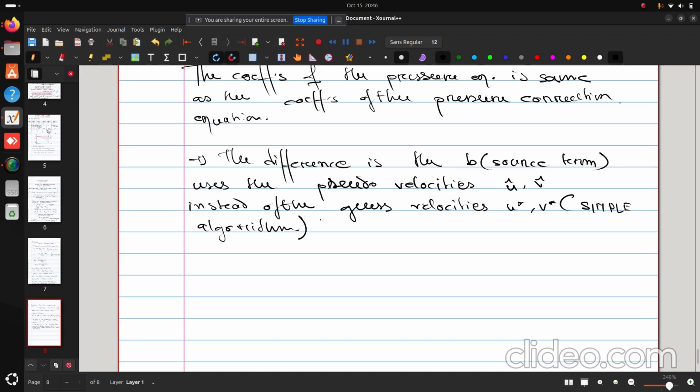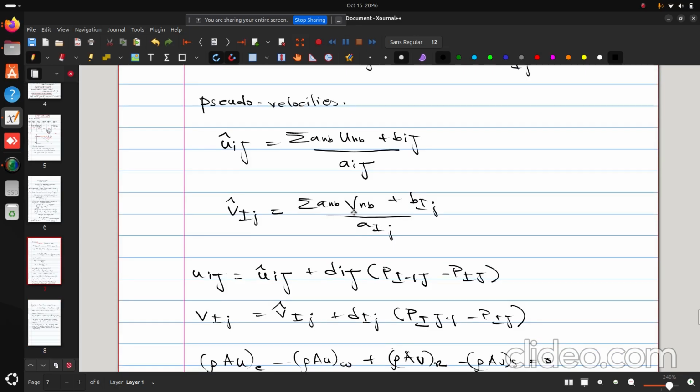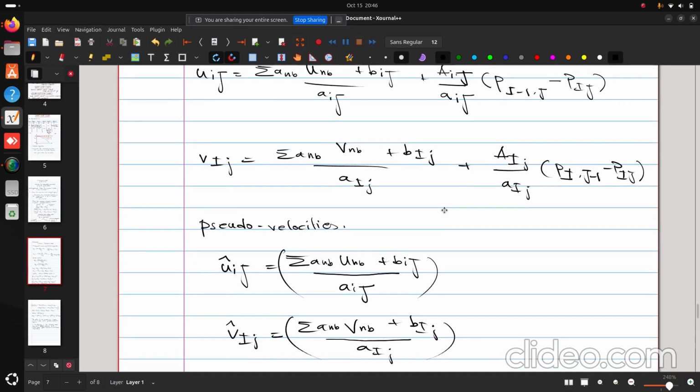But here there is no pressure correction equation as such. We directly compute the pressure field using the pseudo velocities u hat, v hat, w hat, using these equations.